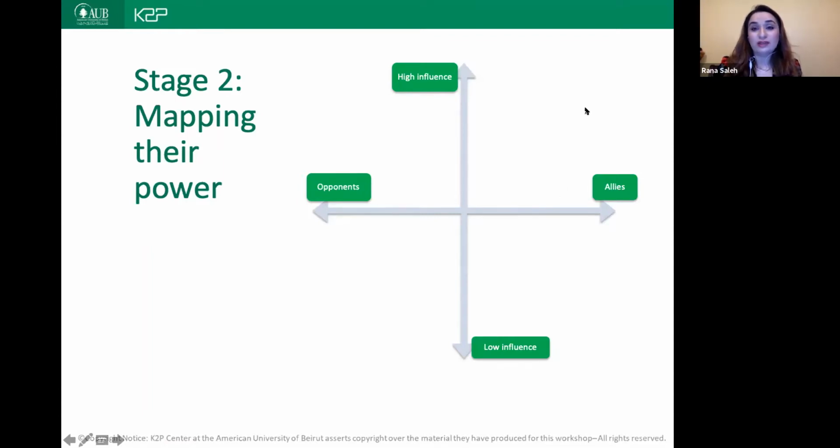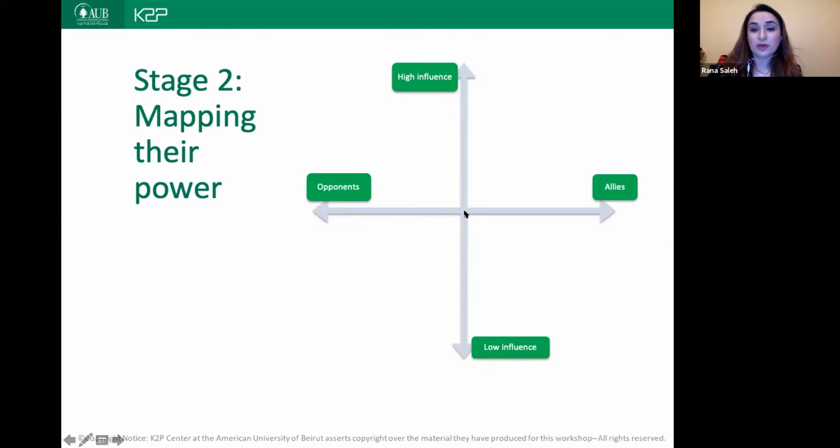If they were not able to change any policy before, if they're not decision makers or their power is not that much, then you would put them on the lower side of the influence. Similarly for the opposition. And this exercise ideally should be done with stakeholders to support you at multiple stages.